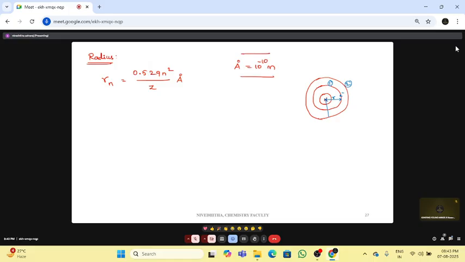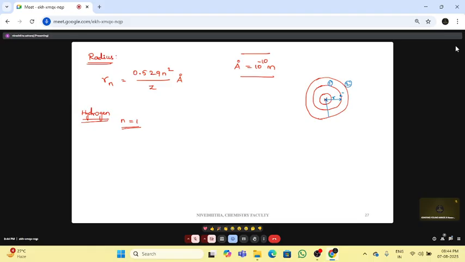That's it. For example, if I am talking about hydrogen, the one electron which is present in hydrogen is in the first shell. Could you please calculate the radius? In hydrogen, the electron is present in the first shell.